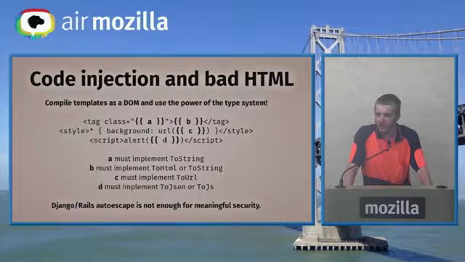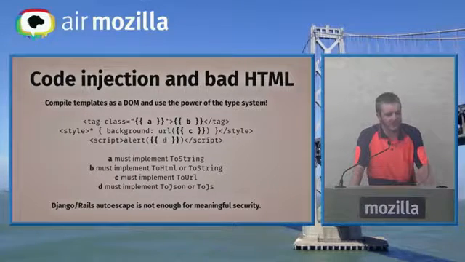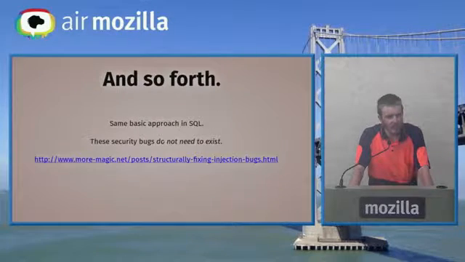We have all the ability to have this semantic information, which we're just ignoring. And that's not a good thing. The auto-escape that existing frameworks have is simply not enough for meaningful security. So these sorts of ideas, these are things that I would like to see people experimenting with. See what you can do. You can get similar sorts of things with SQL.